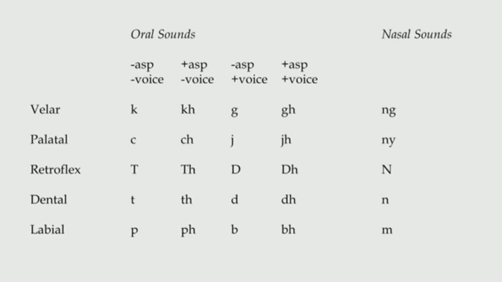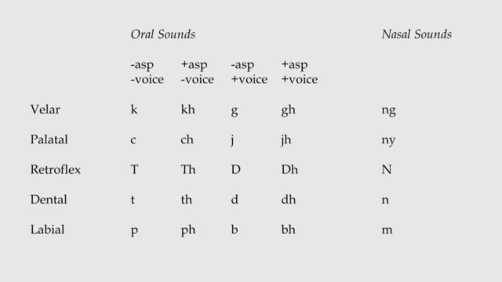Okay. So now let us look at some more sounds and some of the places of articulation with respect to consonants. And here is another chart which will be very useful for you.